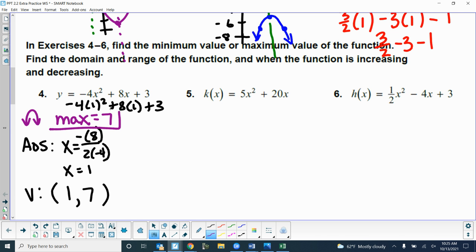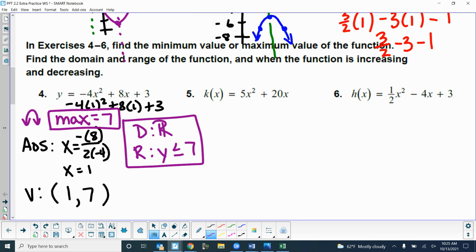So there's one answer. Okay. Domain is always all real numbers. Range, since it's a max, y is less than or equal to 7. Okay. So remember, since it opens down, the left side of the graph of the parabola is the increasing side.